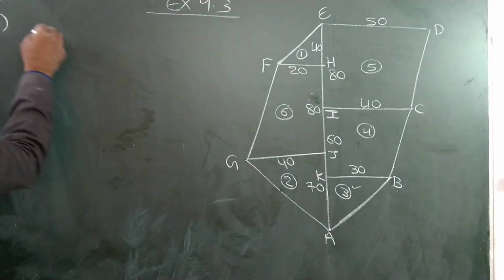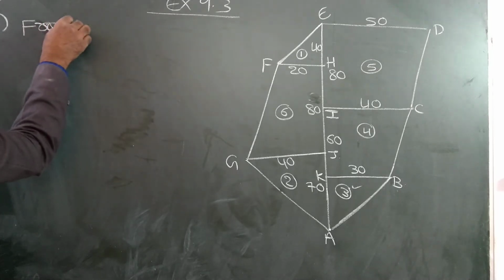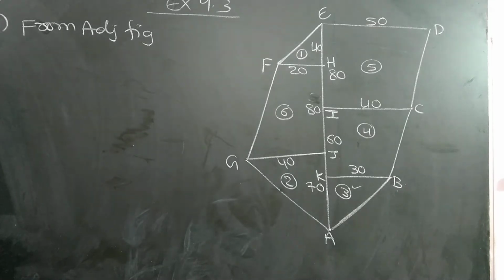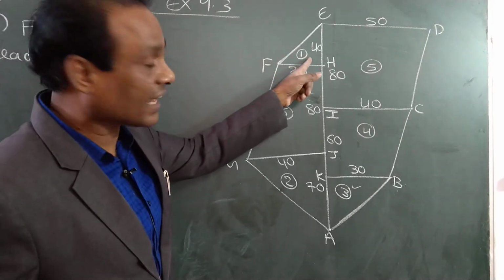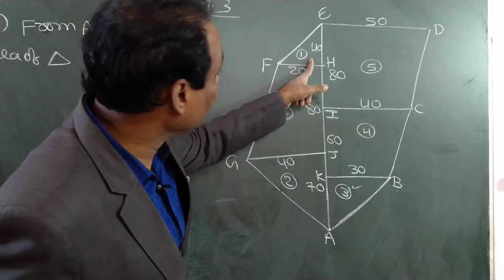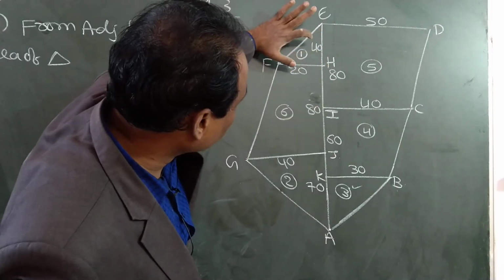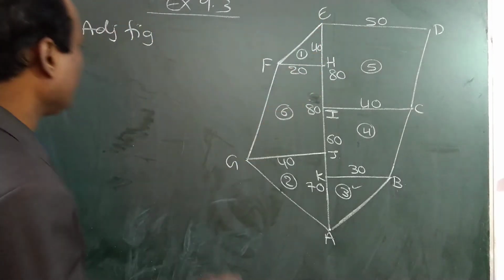So write down. From the adjacent figure, area of triangle. I am taking this triangle. What is the name of this triangle? EFH. This is the triangle EFH.